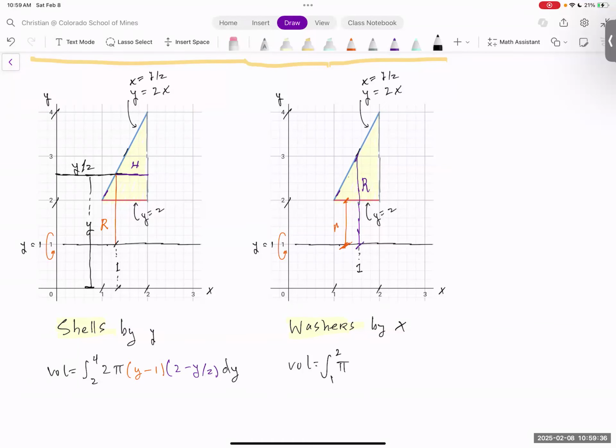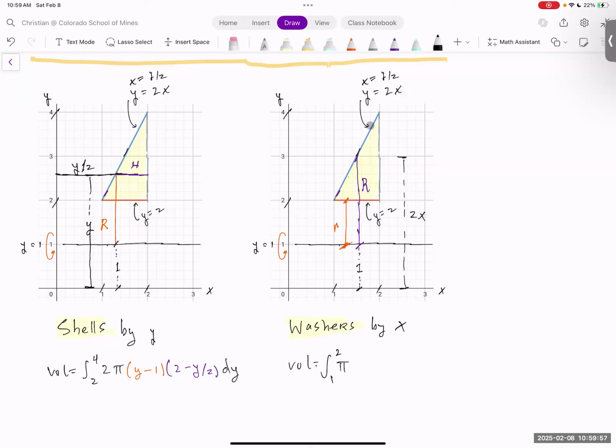And let's see, okay, so we need this distance down here. This is 1. And our radius is part of the x-axis out to the curve, and that's a height of y equals 2x. So that's 2x.